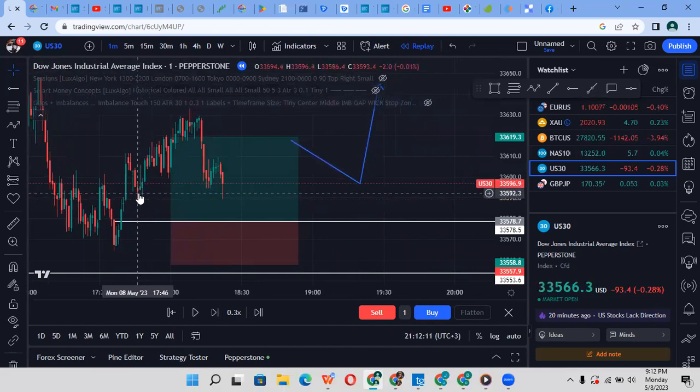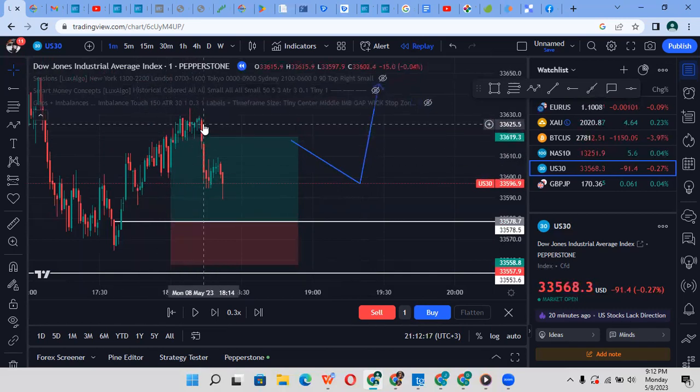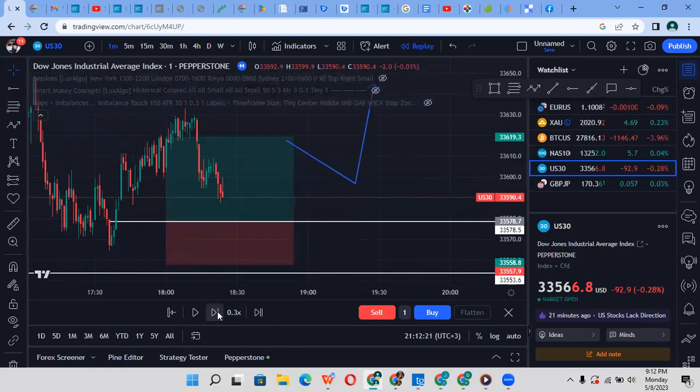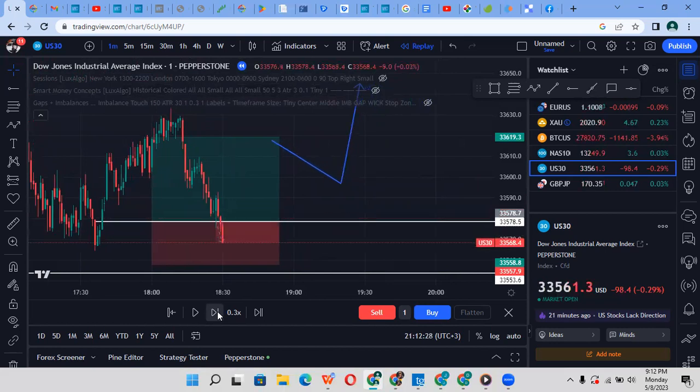So you can see, if you see price doing this, it is called liquidity buildup, and this liquidity buildup will always be swiped. Okay, after swiping the liquidity, you can see US30 came and tapped into our zone.